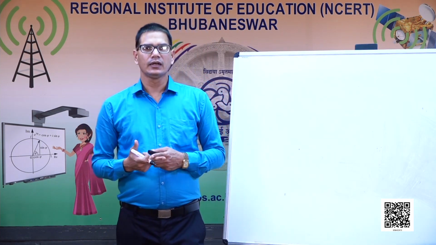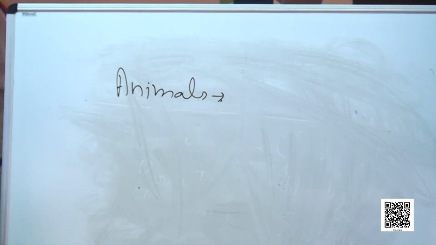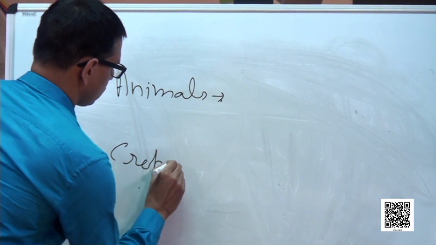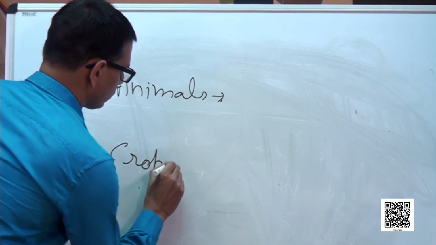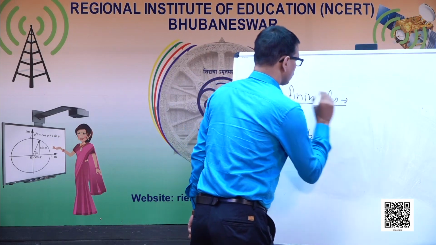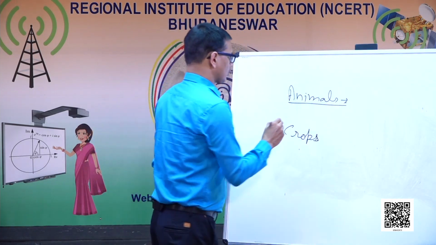And next one is desirable agronomic characters. For animals, the desirable quality of plant is different, and for crops that are used by human beings, the desirable quality is different. As we know, animals take fodder.